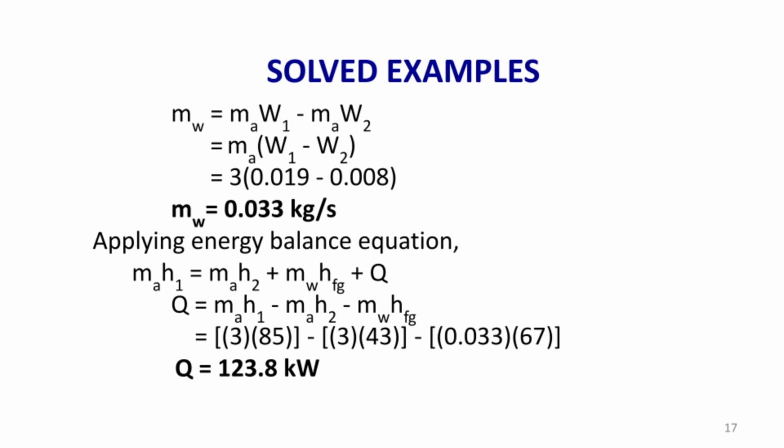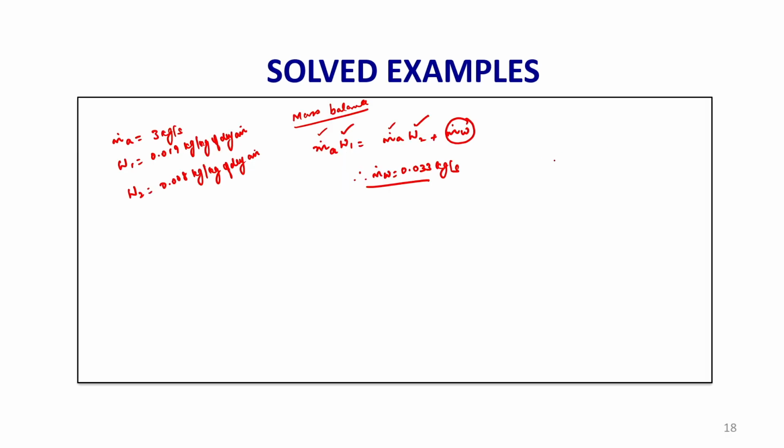Let me draw the diagram simply. This is inlet, this is outlet, inlet is state point 1, outlet is state point 2, then the cooling coil removes the heat, then the condensate with h_f g. Only this arrow is into the system, whereas the other 3 are leaving the system.